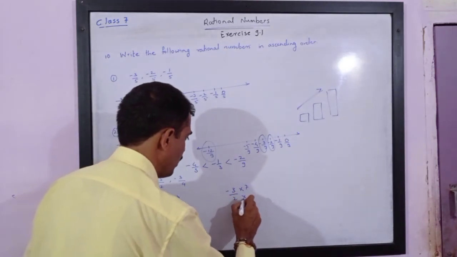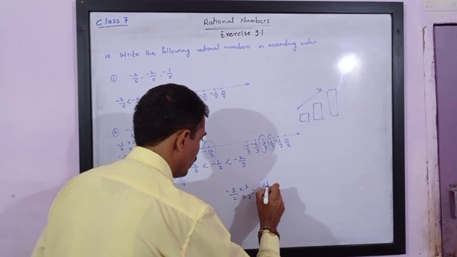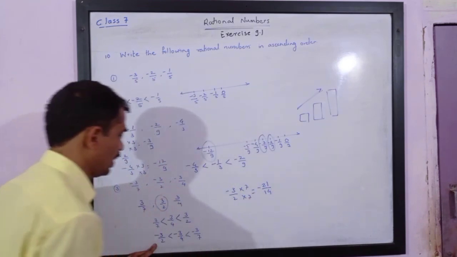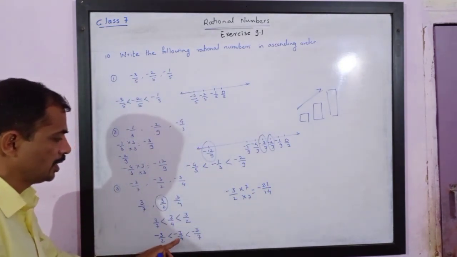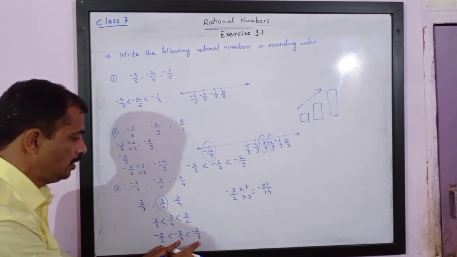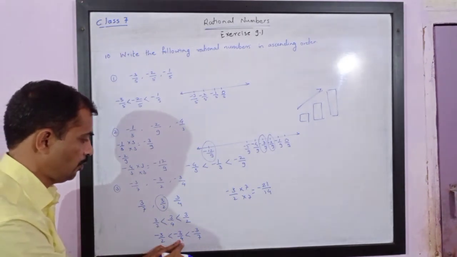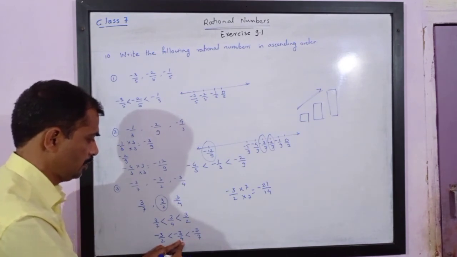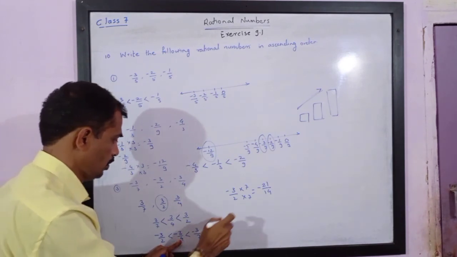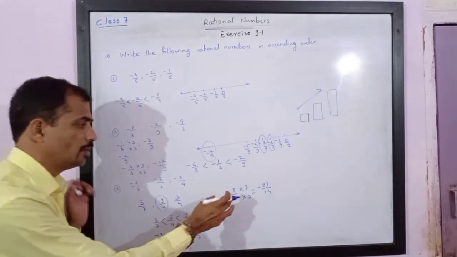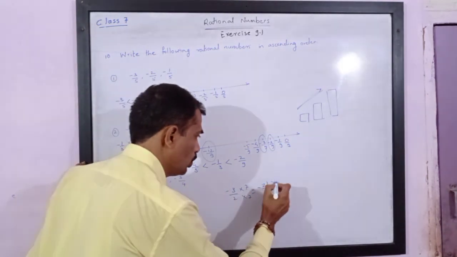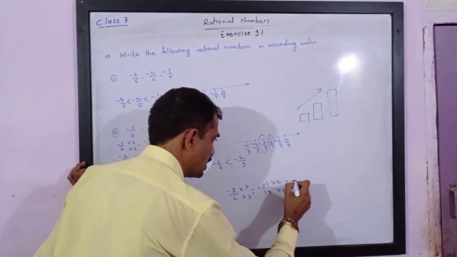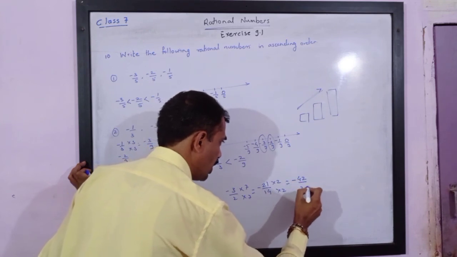If you multiply by 7, you will get negative 21 upon 14. Then to get 28, we will have to multiply this by 2 again. So we will get this as negative 42 upon 28.